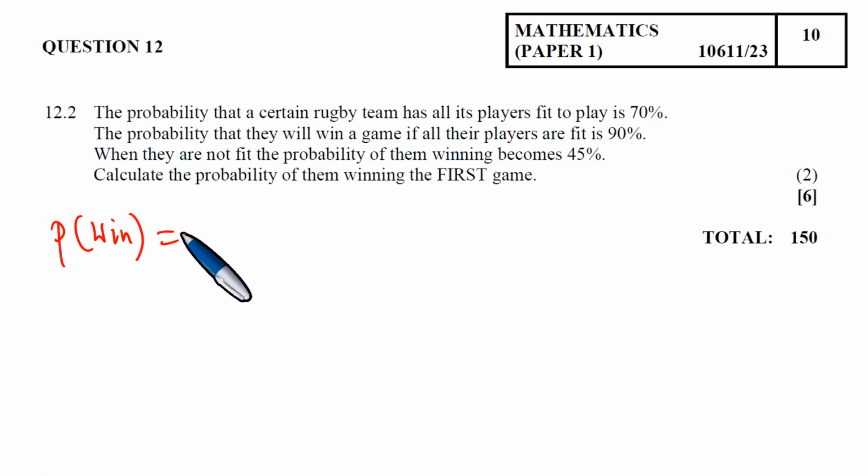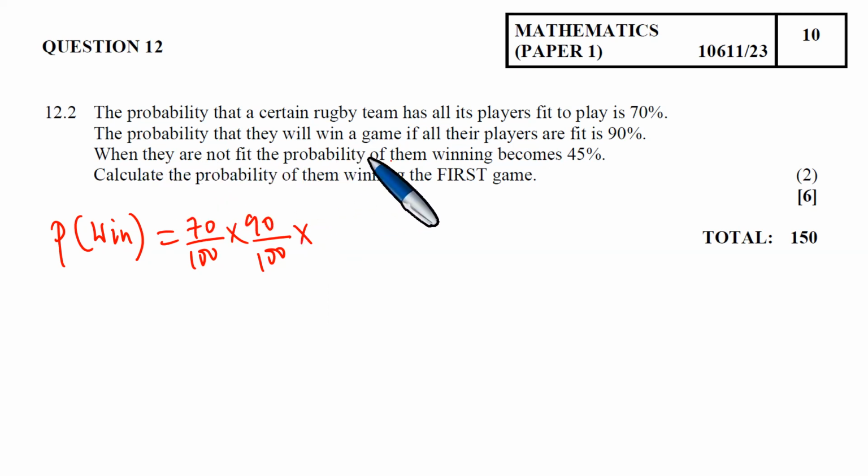The probability that a certain rugby team has all its players fit to play is 0.7, so it means you have 70 over 100 times the probability that they will win a game if their players are fit, which is 90 over 100.